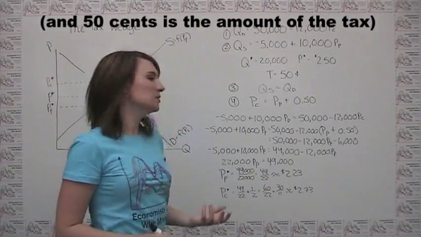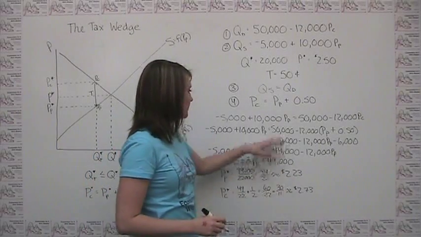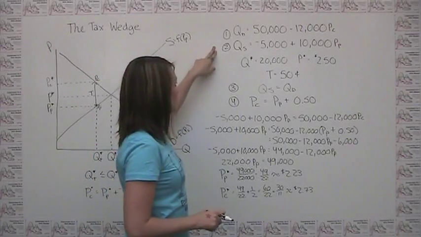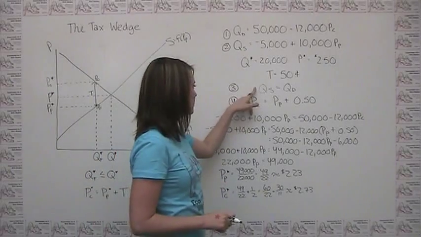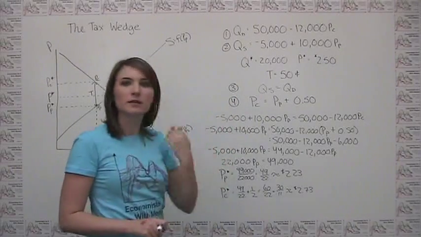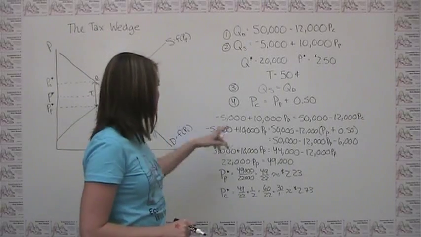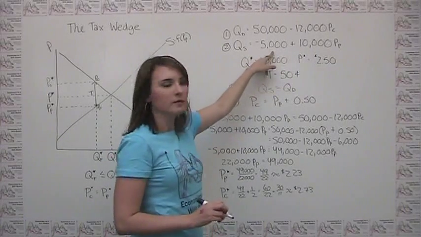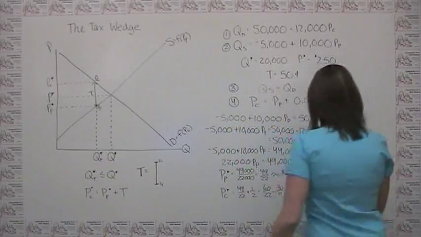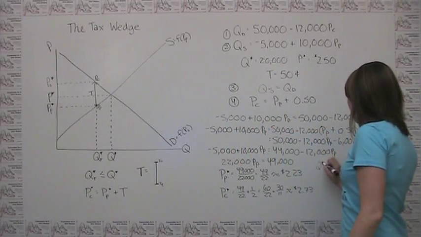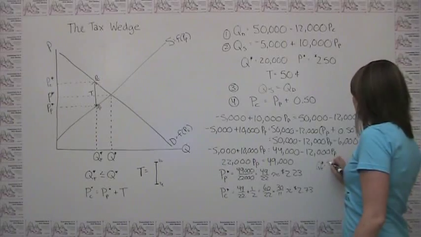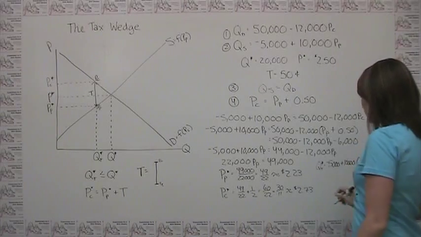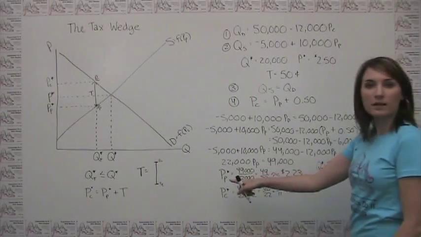The last thing then to do is to substitute in to get the equilibrium quantity. And it doesn't matter which one you substitute in, because the whole idea was that quantity supplied and quantity demanded have to be the same. So if we were to substitute in, and maybe this one's a little bit easier to substitute into, we can say that our equilibrium quantity with our tax is just equal to negative 5,000 plus 10,000 times, well, which one's the relevant price?